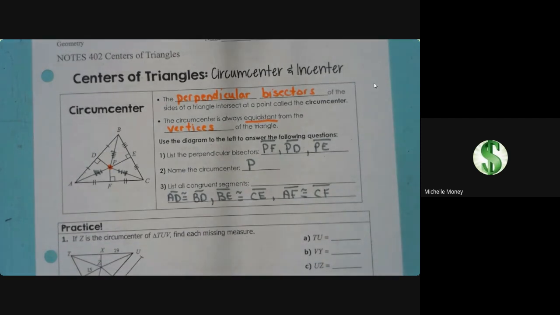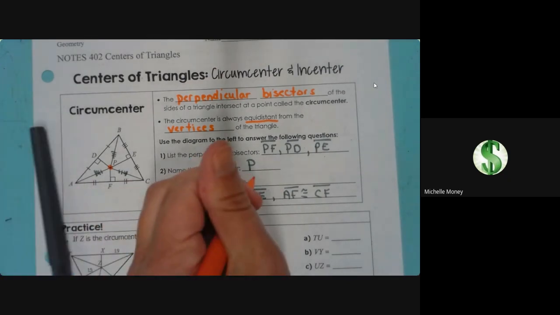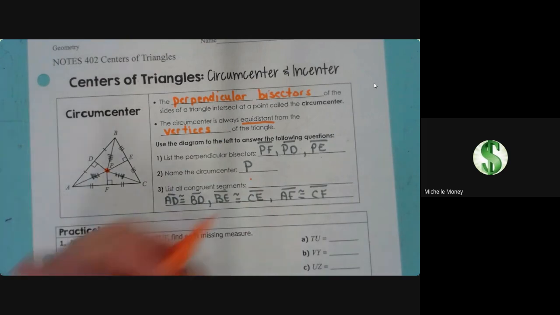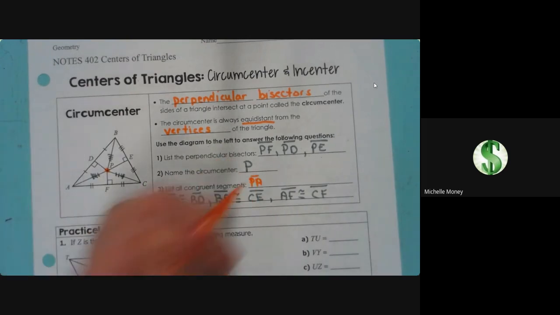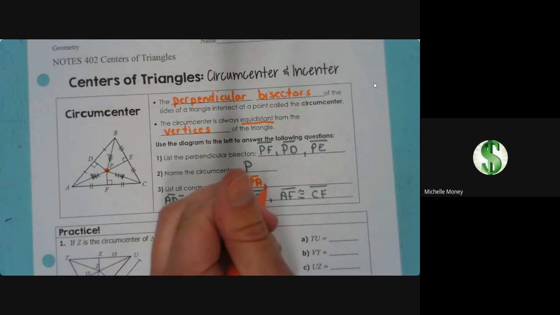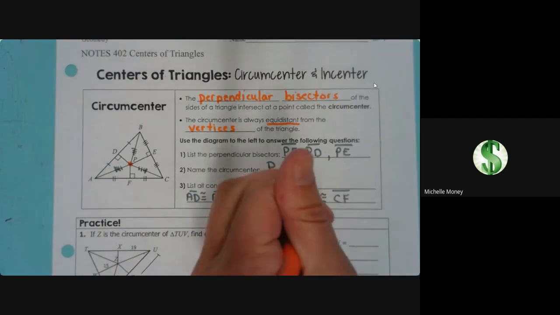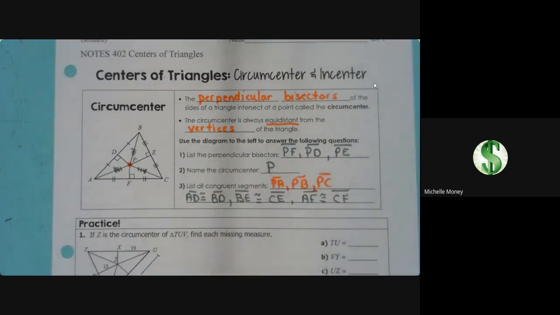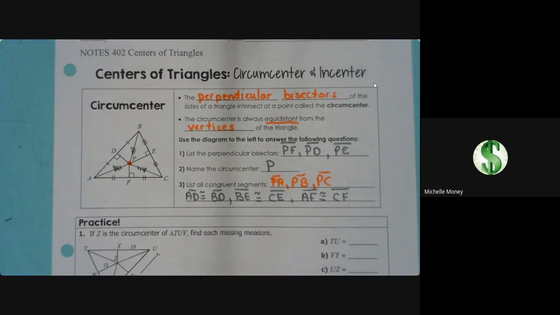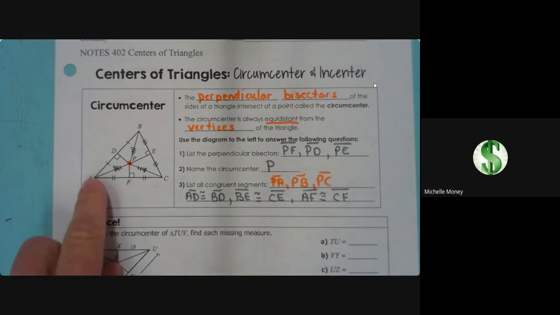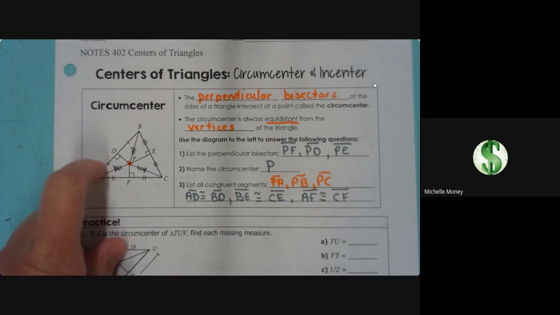Those are the bisected segments. And then we have the 3 segments to the vertices, which would be PA, PB, and PC. Okay, so that's just identifying the parts. When you're practicing, the things you need to remember is that the segments are congruent, and then the center to the vertex is congruent.